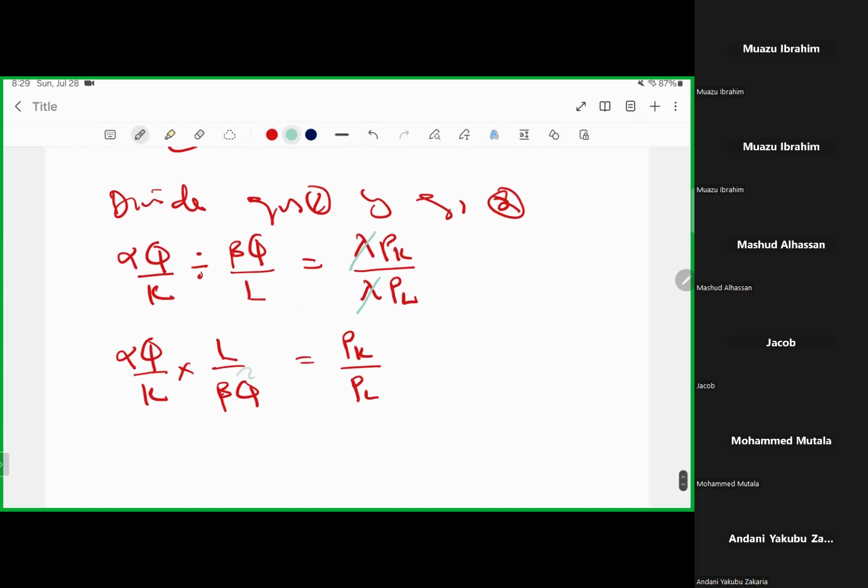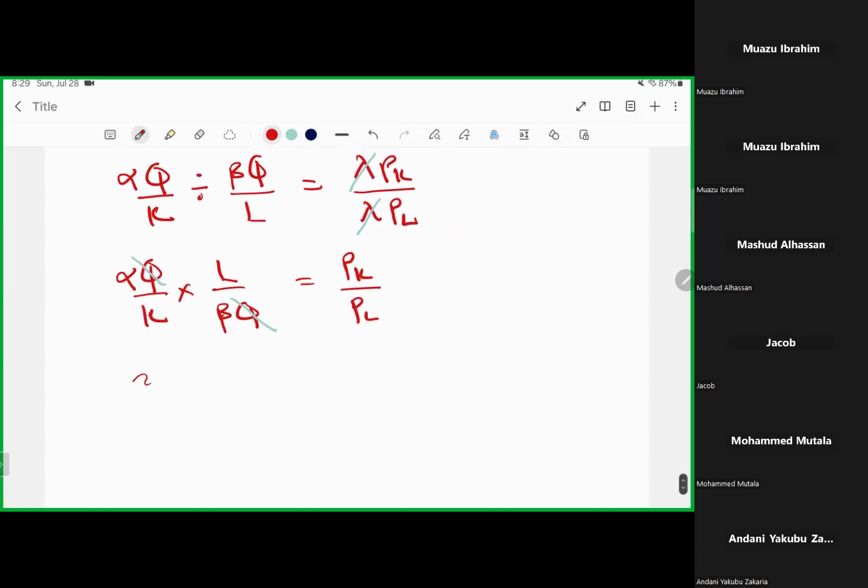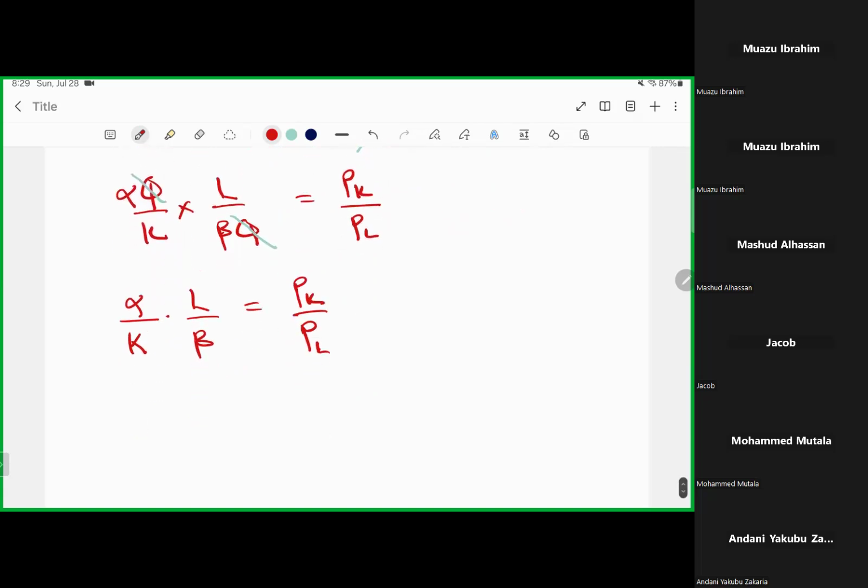Remember, we have Q here and Q here, so they will cancel out. So we are going to have alpha all over K times L all over beta, which is the same thing as PK all over PL. Here we can group like terms. So let's group like terms.